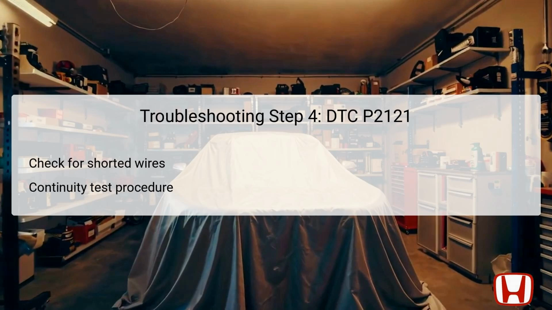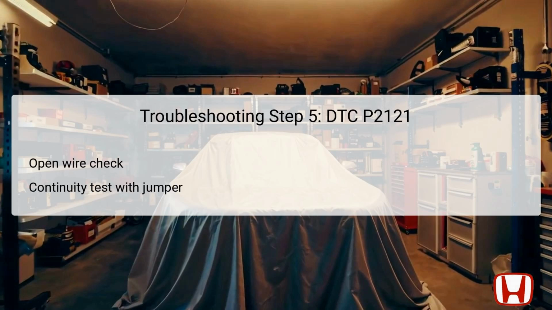The condition being assessed here should indicate a lack of continuity if the wiring is intact. If continuity is present, it would signify a short in the APS1 wire between the PCM and the APP sensor, requiring immediate attention and repair to ensure the effective operation of the electrical system.